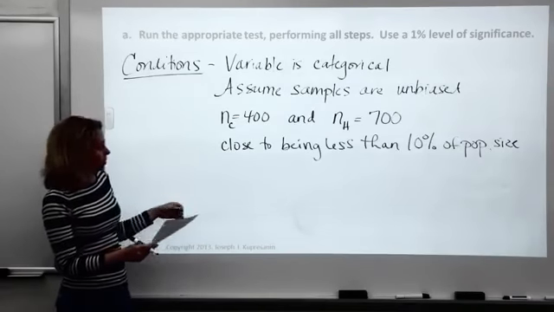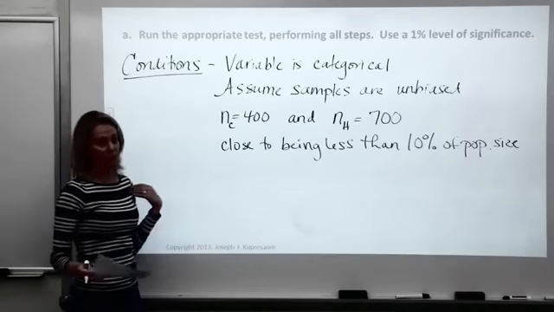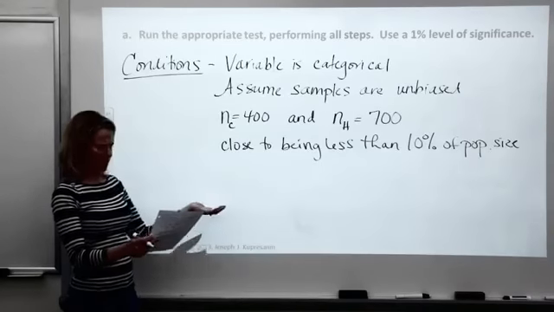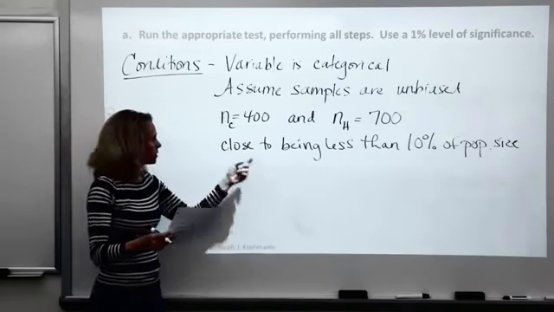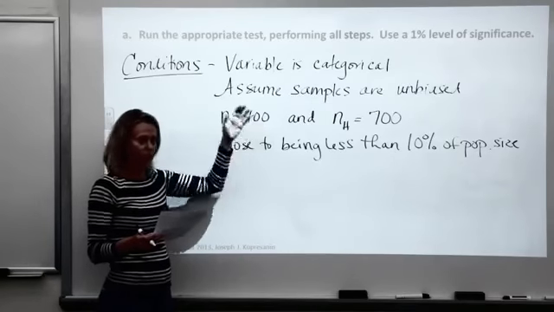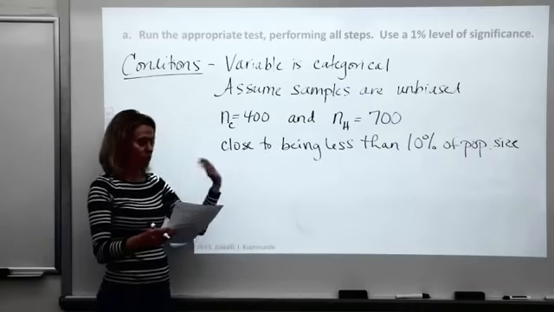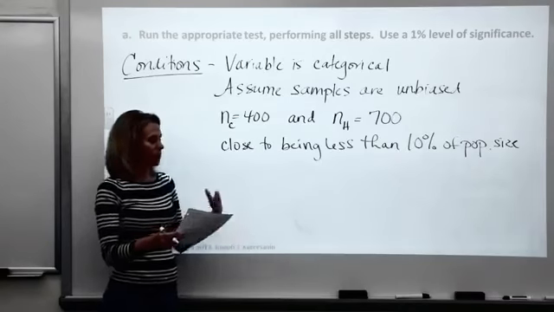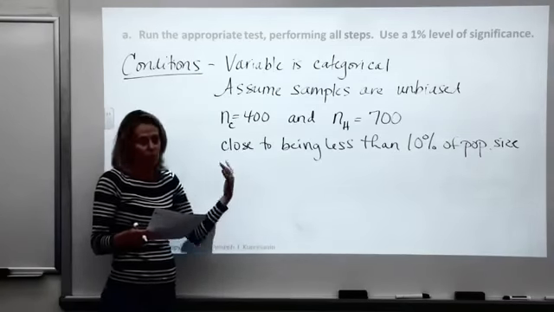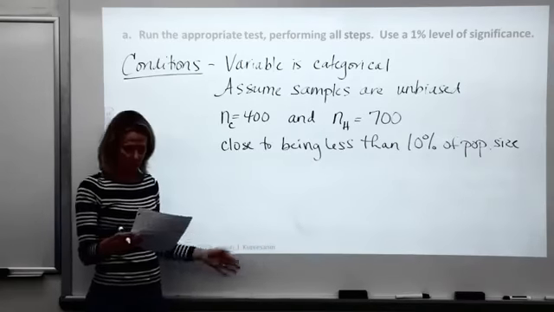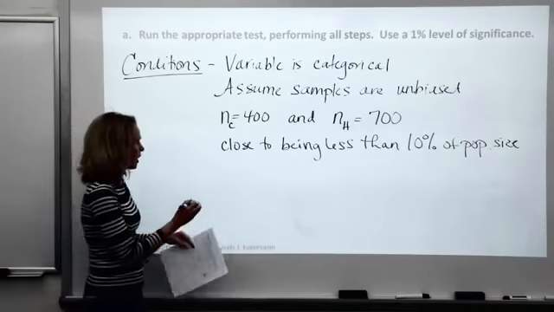And then the last condition, you have to have at least 10 successes and at least 10 failures. That's clearly met. There were 196 out of 400 Cecil students that had high GPAs, so another 204 of them would not. At Hartford it was 322 out of 700, so there's more than 300 students there that would fall into the failure category.